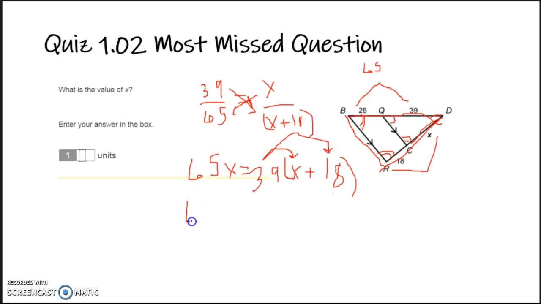And so we'll have 65x equals 39x plus, and then we'll do 18 times 39. So you'll want to grab a calculator for this if you haven't already. 702.